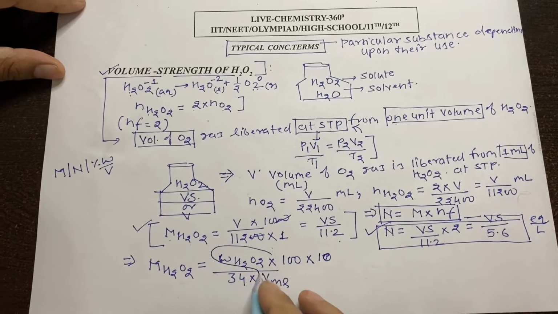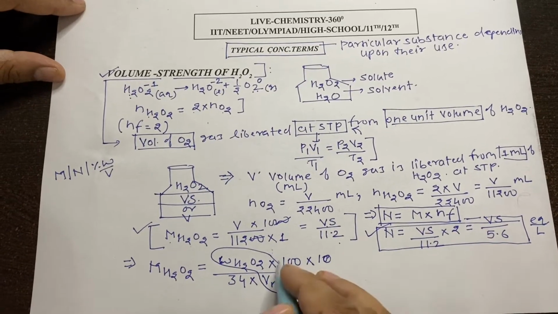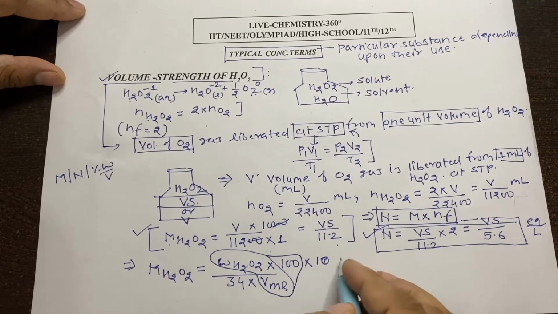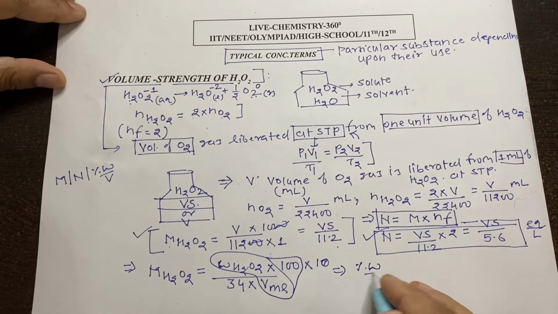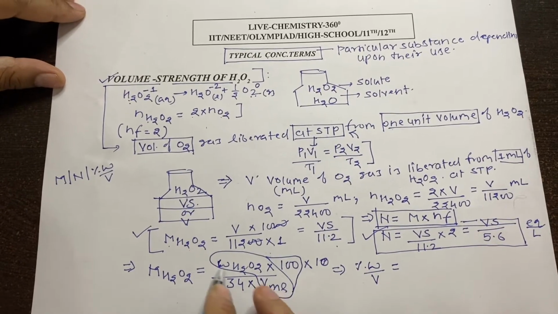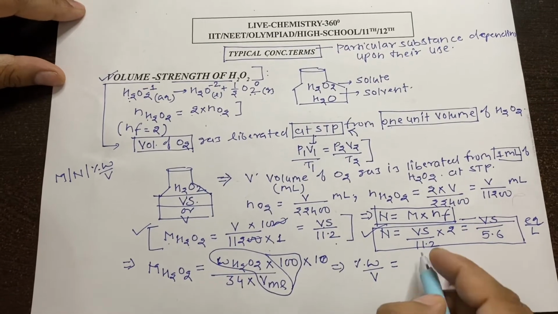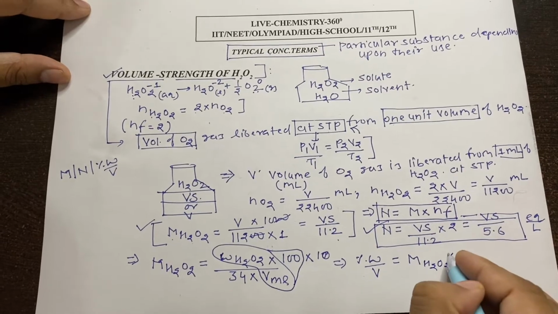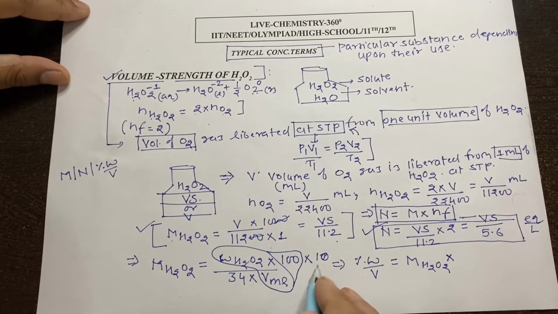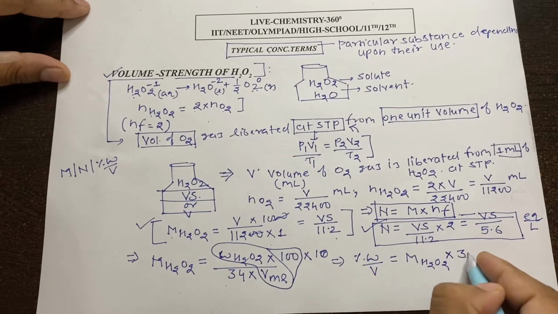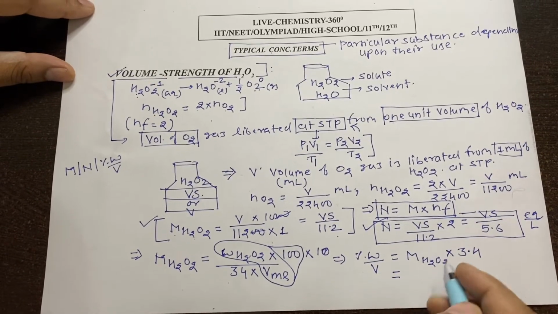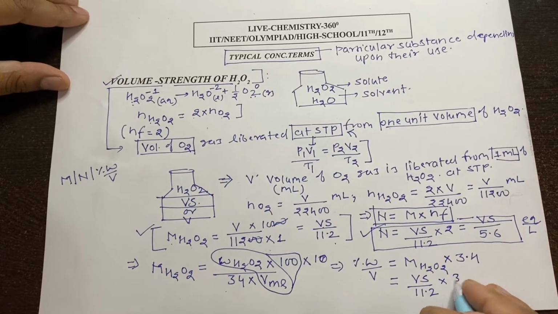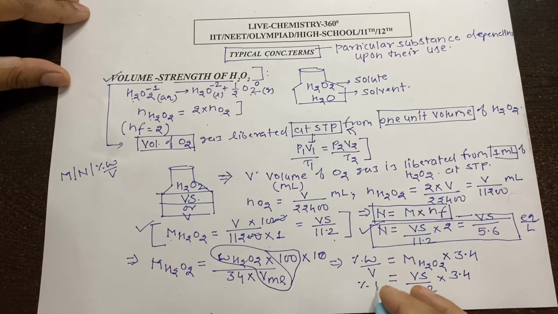So this term will be equal to the percentage W by V. We can relate that percentage W by V will be equal to molarity of H2O2 into 3.4, since 34 divided by 10 is 3.4. So molarity equals Vs upon 11.2, into 3.4. This is the percentage W by V.